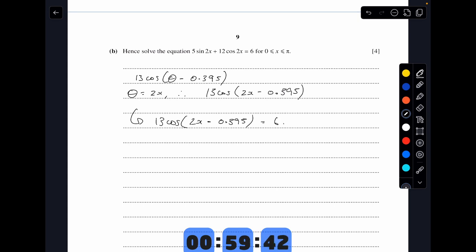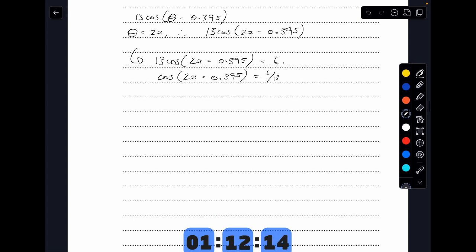Okay, so therefore cos of 2x minus 0.395 is equal to 6 over 13, which means that 2x minus 0.395 is equal to arc cos of 6 over 13, right?